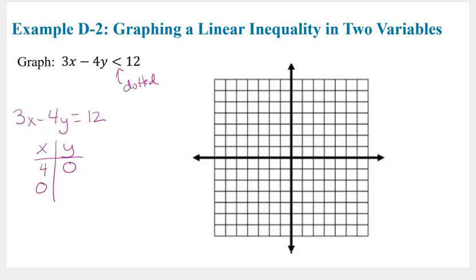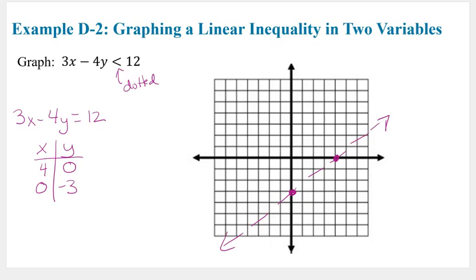And if I plug in 0 for x, I get negative 4y equals 12, which means y equals negative 3. So I'm going to graph those 2 points, 1, 2, 3, 4. There's x equals 4, and y equals negative 3 is right there. So there are my intercepts, and I'm going to draw my dotted line through those 2.